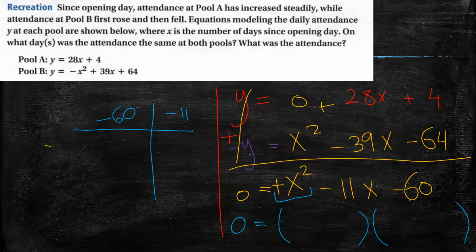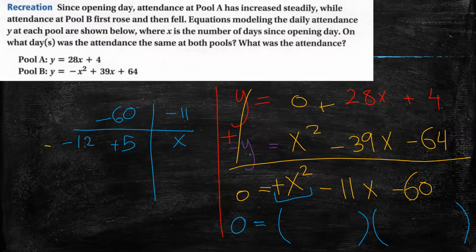We check 12 and 5, but they do not give negative 11. Another one, 20 and 3 cannot give us.